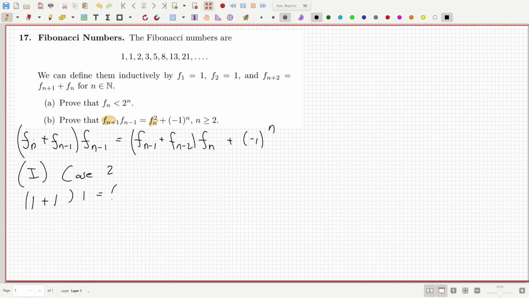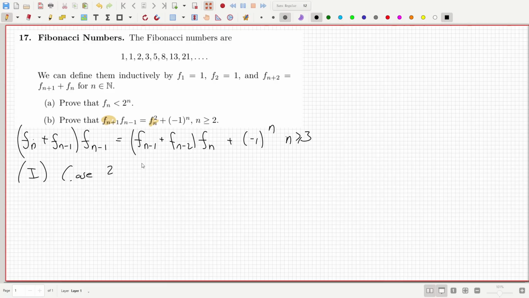Does that equal... oh no. I guess the only problem with doing it this way is that the n has to start at 3, doesn't it? Yeah, that's the only issue with starting it that way. So we'll just prove this, which is equivalent to this, but n is greater than or equal to 3.